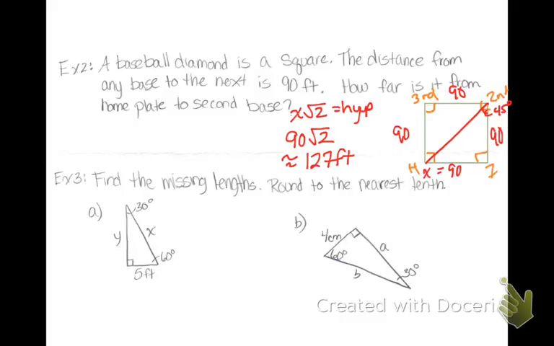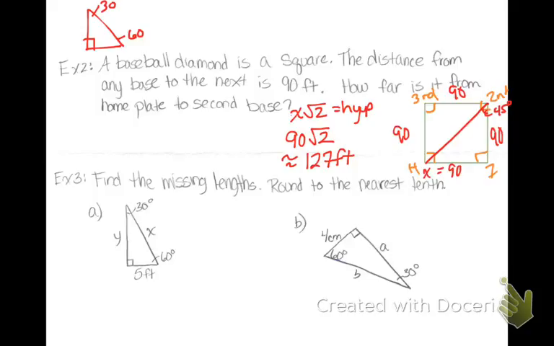All right, example 3. This is the 30, 60, 90 triangle. Let's go over it again. I'm going to write it at the top. 30, 60, 90.